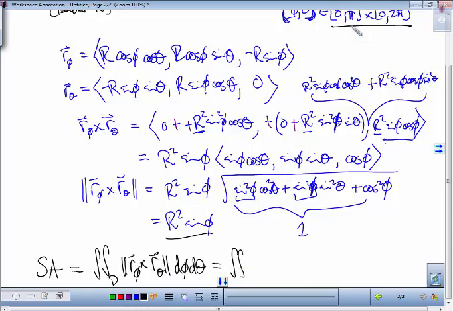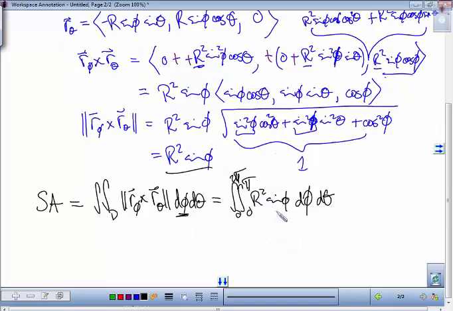So our integral would be, depending on what we integrate with respect to first, if we integrate with respect to phi first, the inner integral is from 0 to pi, and the outer integral is from 0 to 2 pi, based on your limits. The magnitude of the cross product is r squared sine phi, and our d phi goes from 0 to pi, and our d theta goes from 0 to 2 pi.